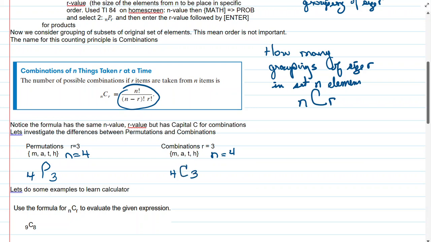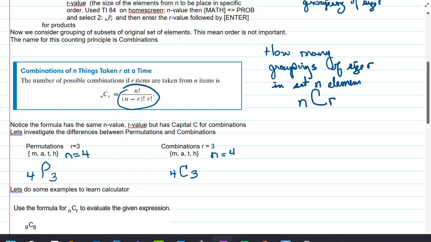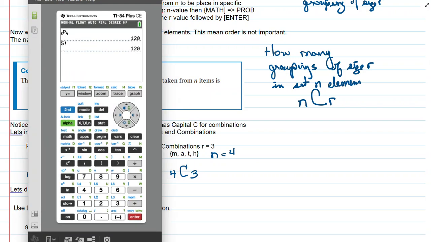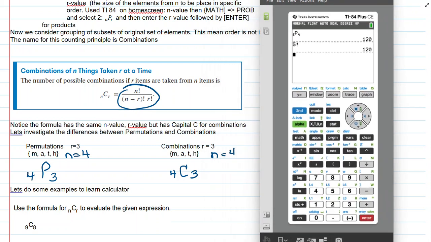So let's look at our calculator. I'm going to place it over here. And we're going to enter the 4, math key, PROB, and we're going to do permutation 2 and enter 3 and enter. We have 24 unique ordered elements of size 3 from a set of 4.